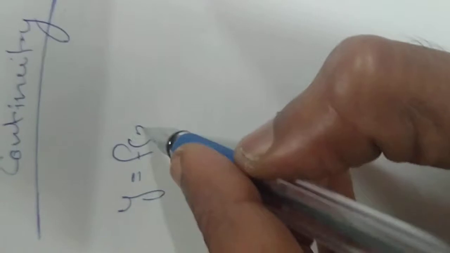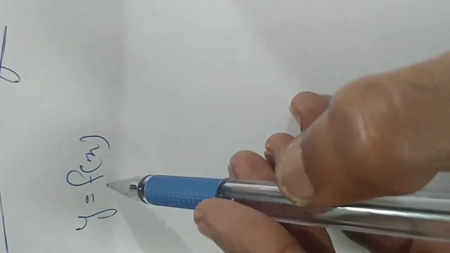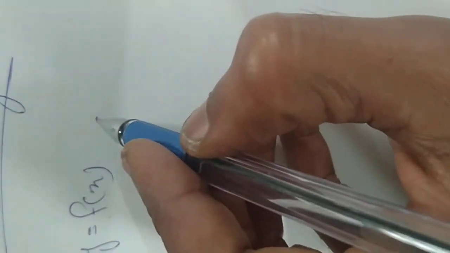Let me consider a function given by y is equal to f of x. This function is said to be continuous at x is equal to c if the following conditions are satisfied.